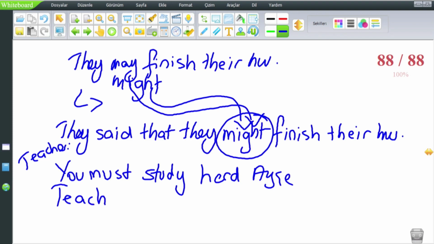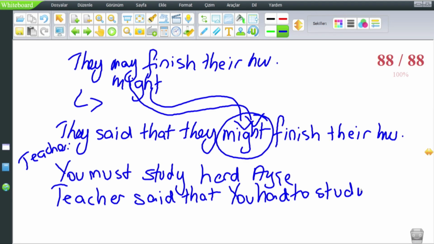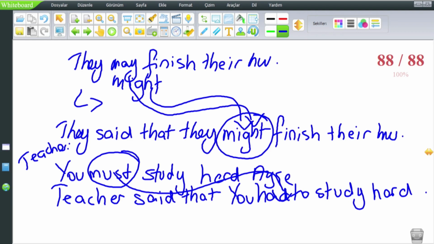Teacher said that you had to study hard, Ayşe. Must turns into had to. And if had to was already used in the direct speech sentence, then it would stay the same.